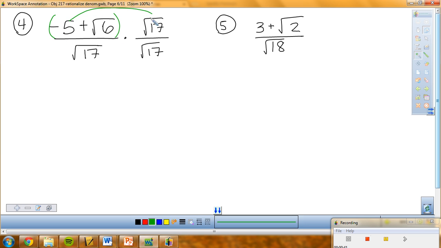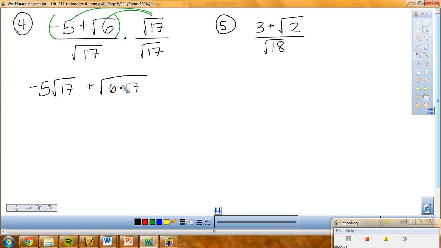My 17 needs to go to the first term and to the second term, and we still need to be following those multiplication rules. So negative 5 is the outside, 17 stays inside. I want to add. There's nothing outside, so really it's just going to be negative 6 times 17.